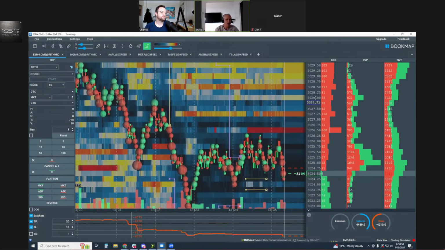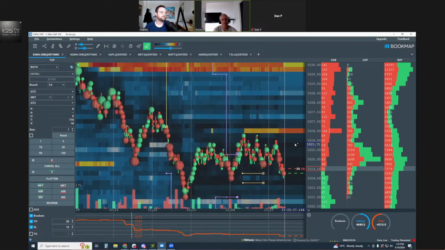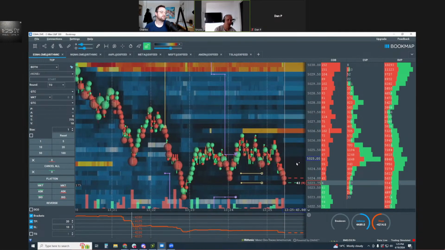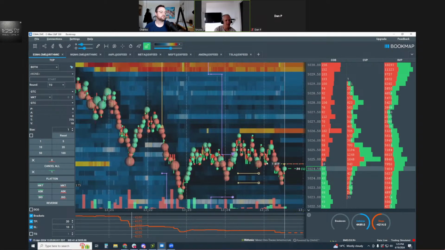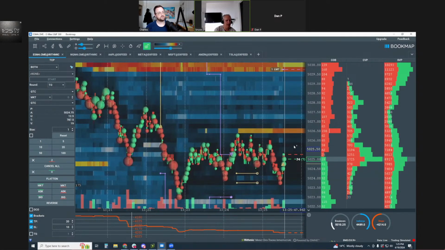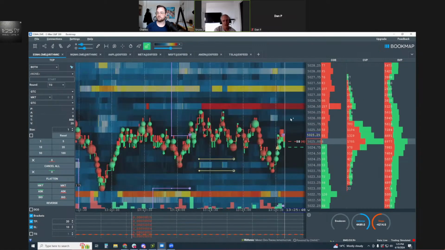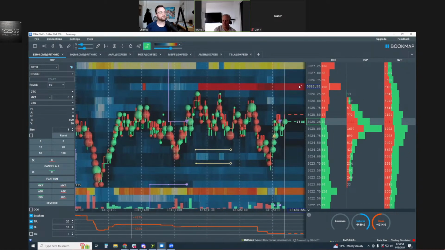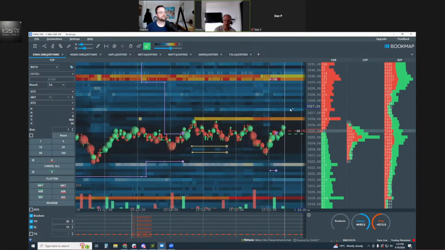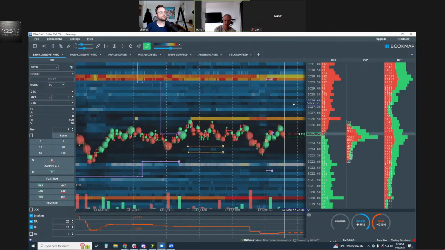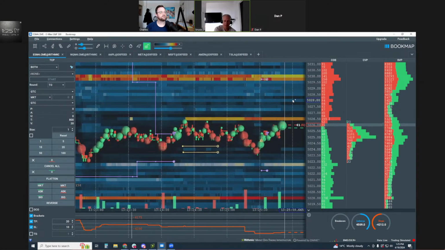Okay, so we set a limit or a market order. Now we can also set stops. So let's go with a buy stop. So here we are down at the bottom of a range. Now the way that it works is left clicking again, always a buy, but it depends where. If I'm above price and I left click, it's going to be a market buy, or I'll enter on market basically.